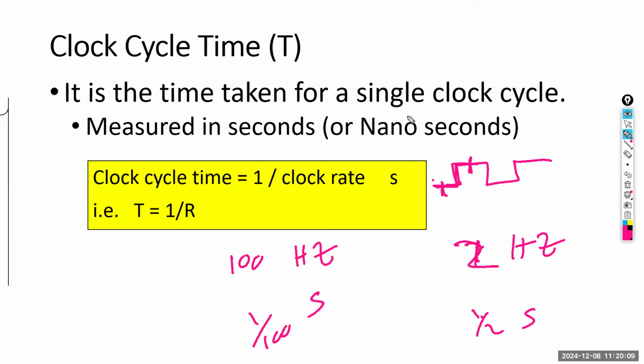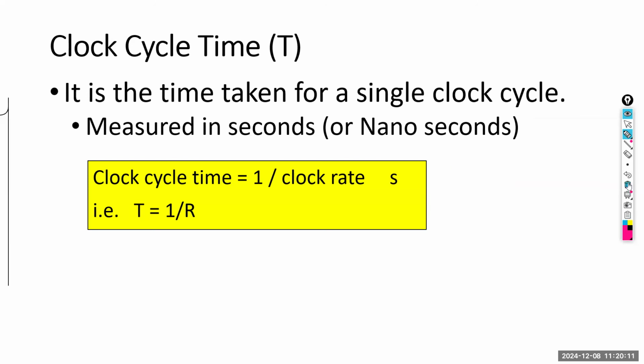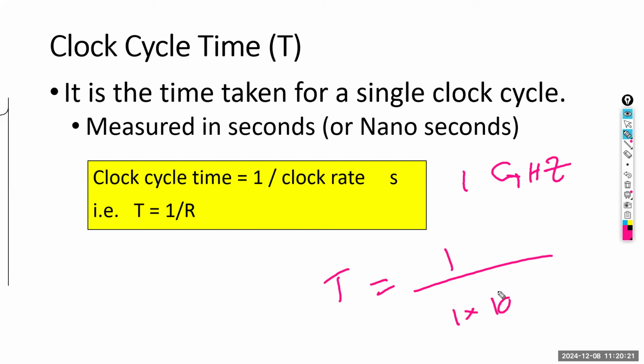Now you should get it, okay? So therefore, say my processor is 1 gigahertz clock rate. So then what is the clock cycle time? 1 over 1 into 10 to the power 9. So hertz means, gigahertz means kilo, mega, giga, 10 to the power 3, 6, 9. So for one clock cycle, the time is 1 into 10 to the power minus 9 seconds. 10 to the power minus 3 is milli, 10 to the power minus 6 is micro, 10 to the power minus 9 is nano.